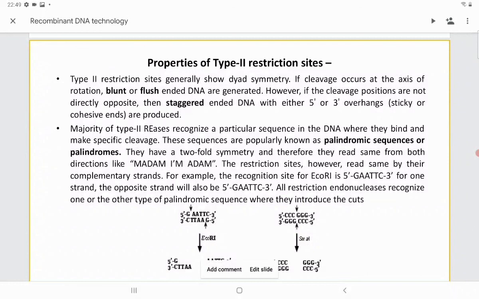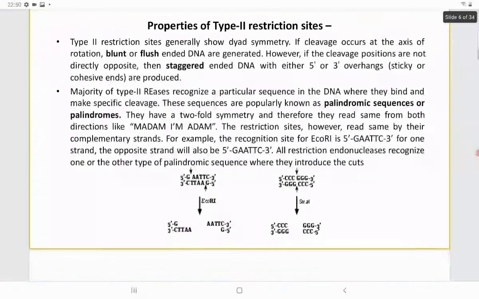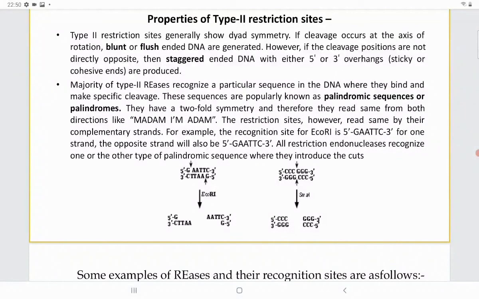Majority of type 2 REases, meaning restriction endonucleases, recognize a particular sequence in the DNA where they bind and make specific cleavage. These sequences are popularly known as palindromic sequences or palindromes, because they read the same from both ends, like 'Madam, I'm Adam'. The restriction sites, however, read the same on their complementary strands, like GAATTC.